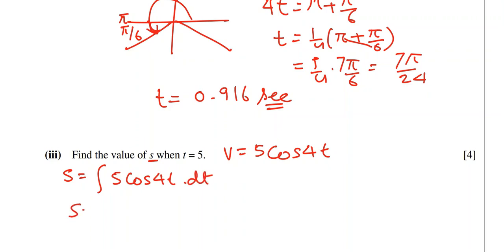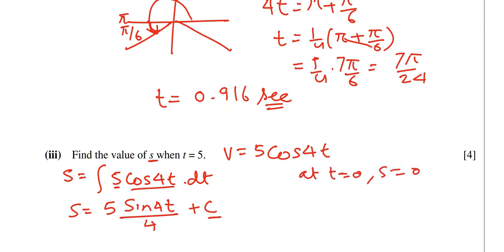So s equals 5 remains, and the integration of cos 4t is sine 4t positive, divided by 4, plus c. Now we have to find c before we proceed. To find c, we know that at t equal to 0, s was equal to 0. So we can use this fact.